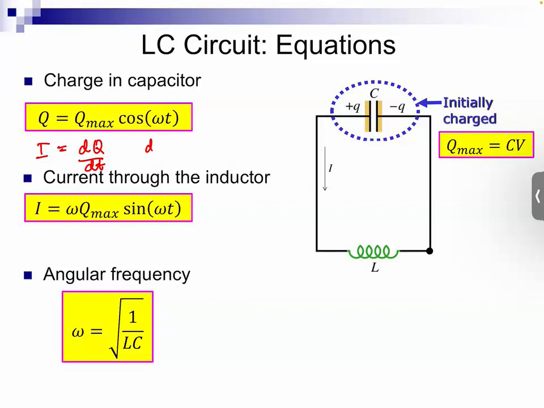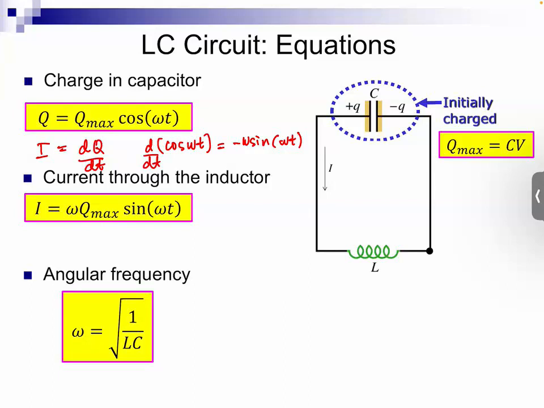The derivative of a cosine function is negative sine omega t times the derivative of the factor here. The derivative of omega t is omega. Hence, you have the current equation as omega q max sine omega t.